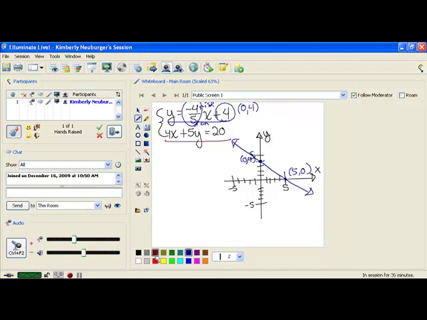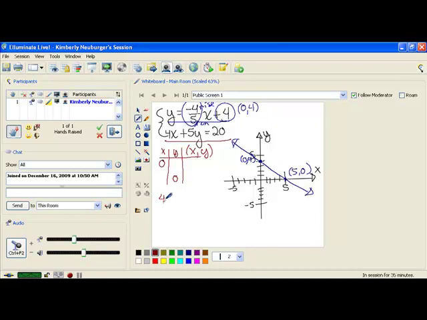Let's go to the red one. Now the red one, I notice, is in standard form. So I'm going to need to use my x and y intercepts. So let's make a table for recording these in. I'm going to first plug in 0 for x, and then I'm going to plug in 0 for y and get 2 points that will help me find where this line is located.